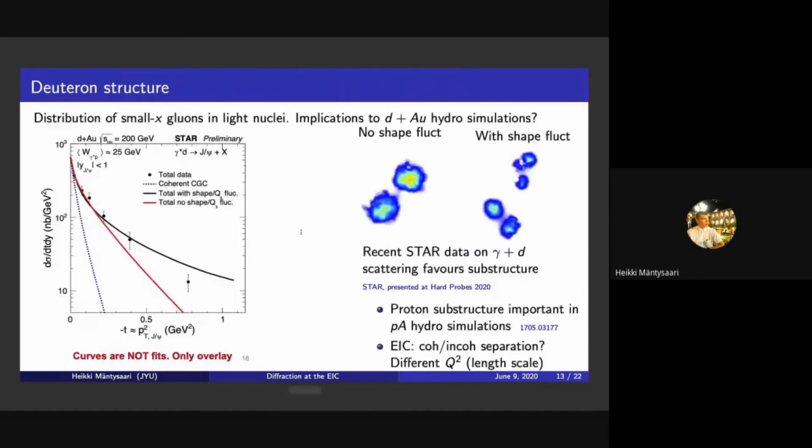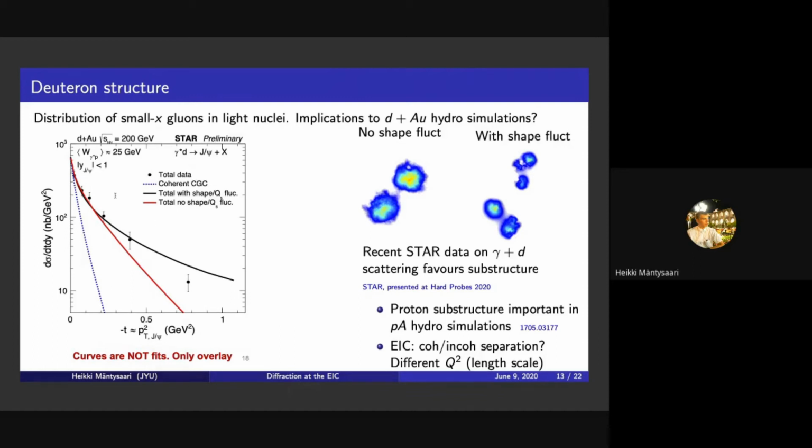Then, of course, we have plenty of nuclei between gold and protons. Actually, last week, STAR showed J/psi production off the deuteron. So they did deuteron-gold collisions, and they measured exclusive J/psi production. Now they cannot really separate coherent and incoherent cross section.